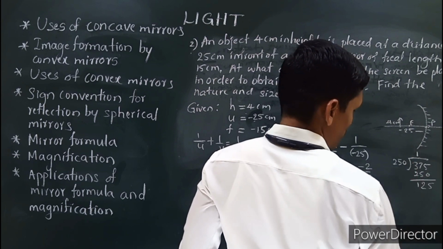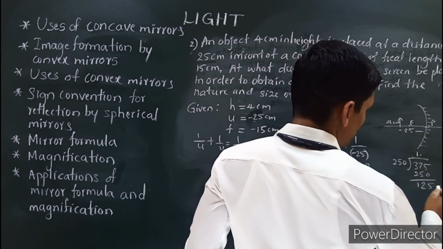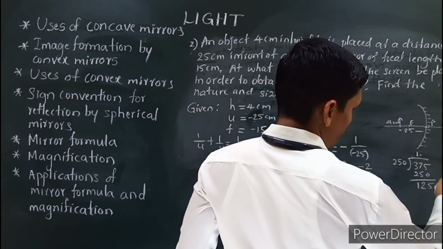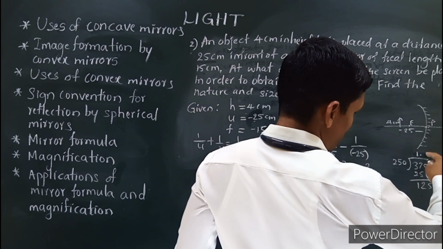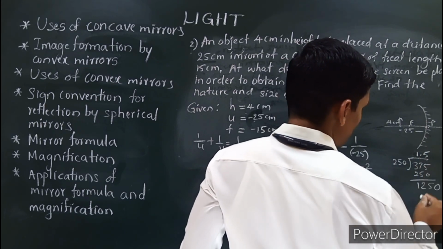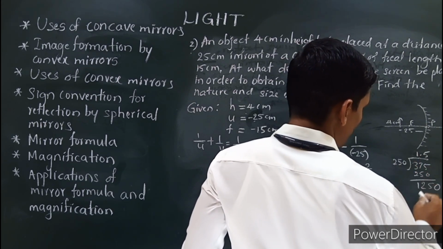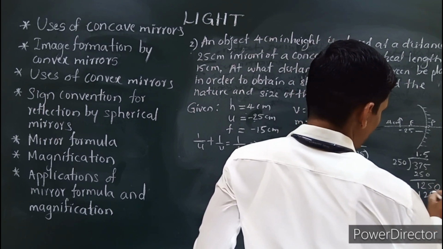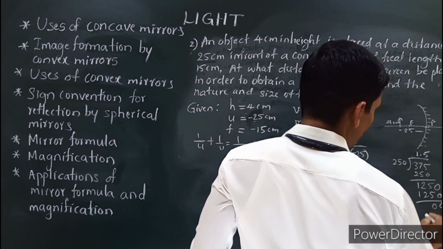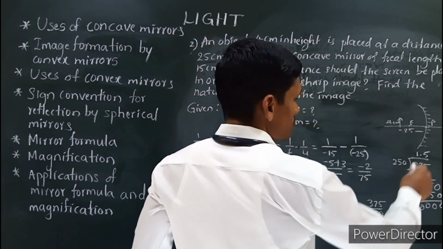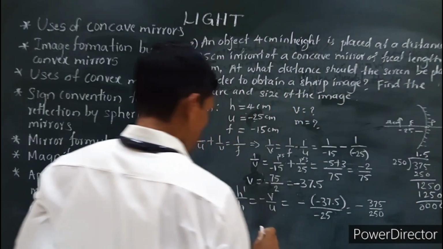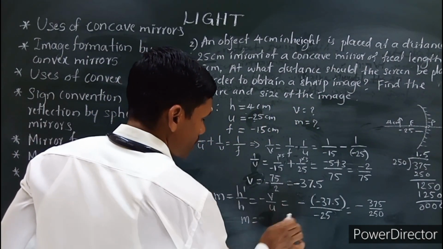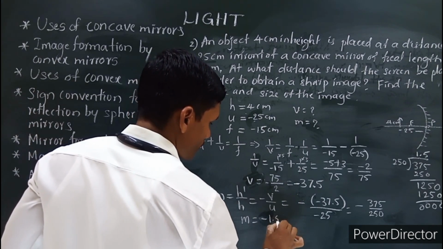Here we can take a 0.1, so 1250. 250 times 5 is 1250, and we get exactly 0, right? So 1.5. The magnification value is minus 1.5.